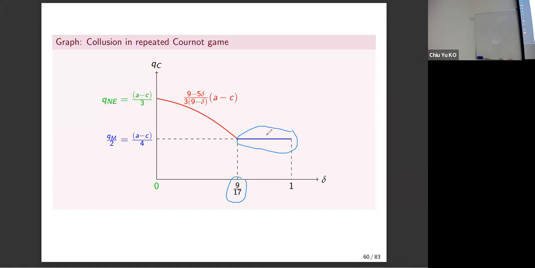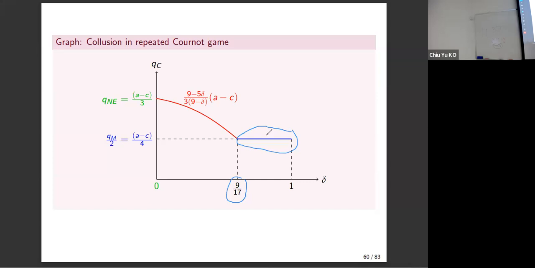If you are intermediately patient, the output increases. The more patient you get, the smaller the output you can sustain. If you're not that patient, you have to collaborate at a less collusive level. How collusive you can be depends on how patient you are. That's what the graph shows you.